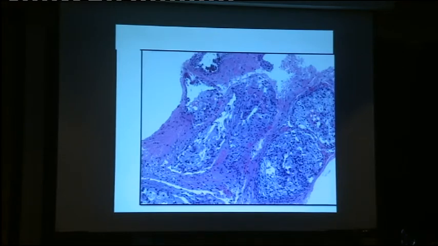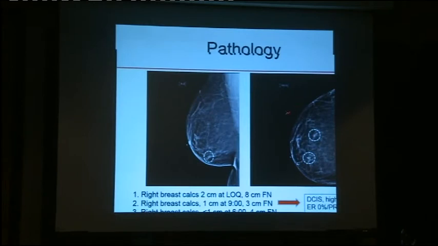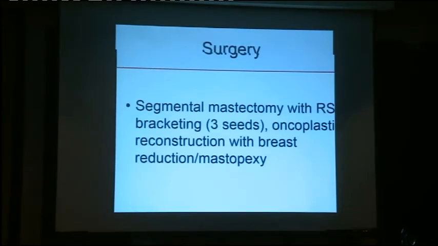And based on her breast size, the surgeon thought they can do segmental resection, including those 2 separate areas of DCIS. So she had a segmental resection, bracketing these 2 separate areas with 3 seeds.